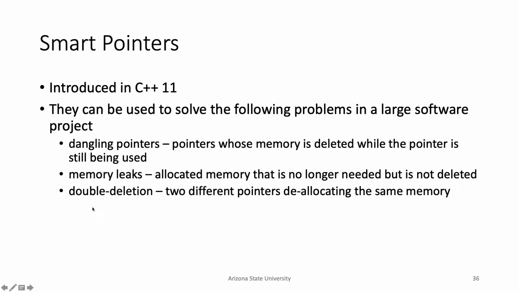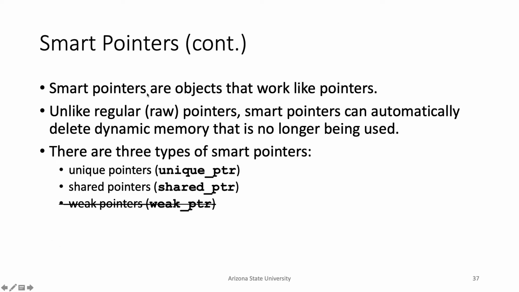So smart pointers are a way of handling all of these, but you can still get the flexibility of having a pointer. Smart pointers are just an object. There's nothing special about them, but they work like a pointer. They can automatically delete dynamic memory that's no longer being used, and we'll actually see how that works.